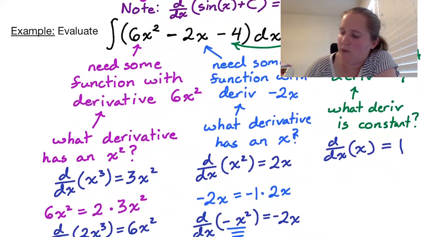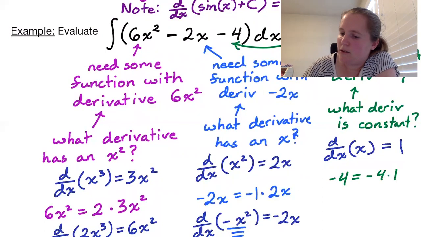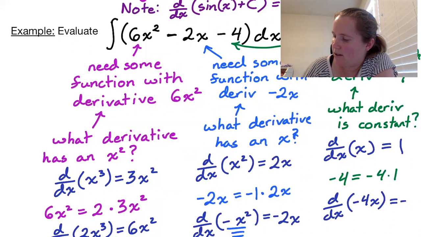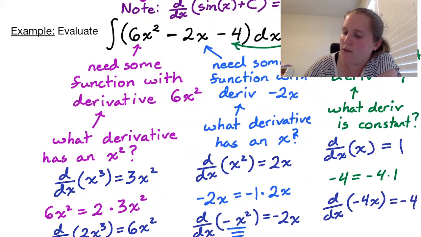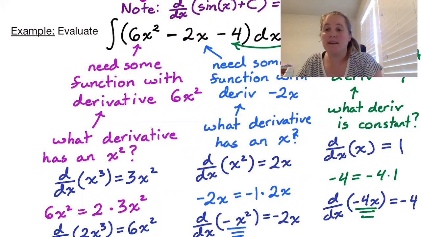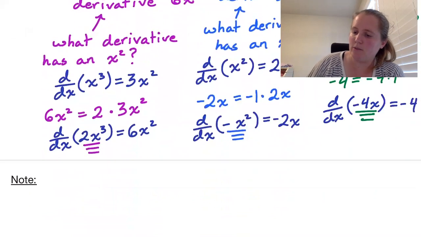And we're aiming for -4. Well, -4 is just -4 times 1. And so the derivative of -4x should be -4. The piece of interest to us here is that -4x will get us the -4 we are looking for. So I'm going to just give myself a little more room.